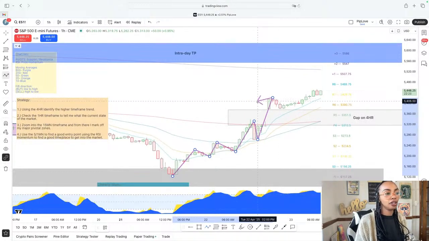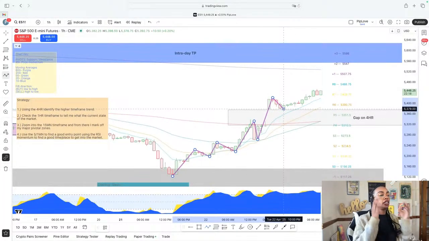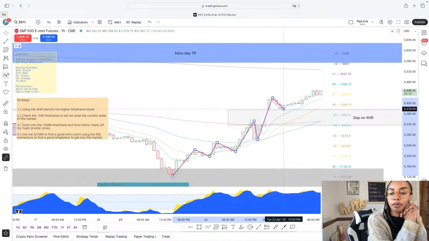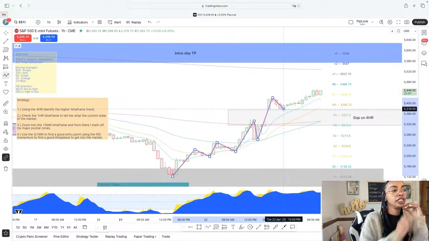But can you guys guess why we had this gap up yesterday at 4 p.m.? Remember that the futures market, I know that we're able to trade, like when we were coming from Forex, until about 5 p.m. Eastern. But we know that the futures market closes at 4 p.m. Eastern.